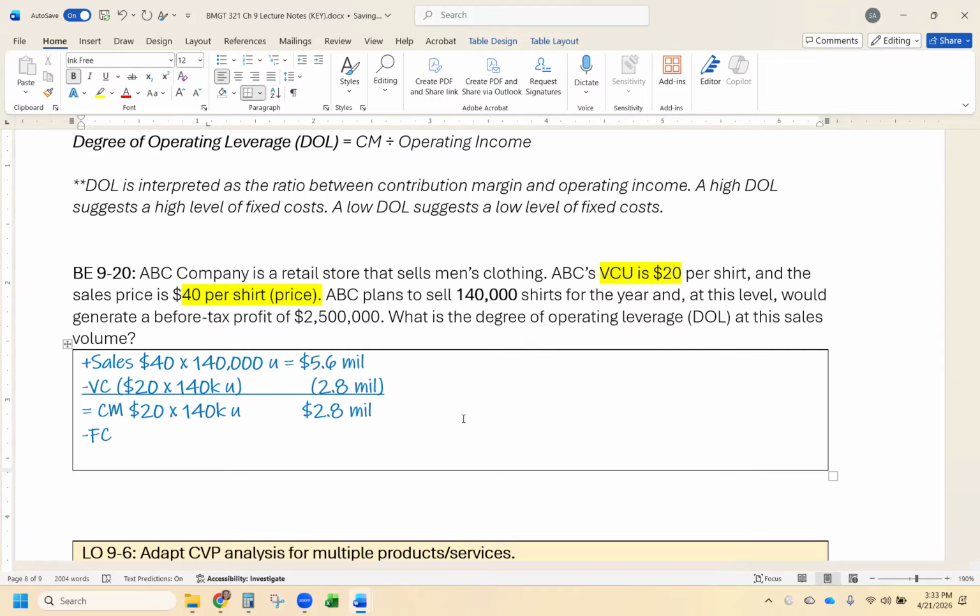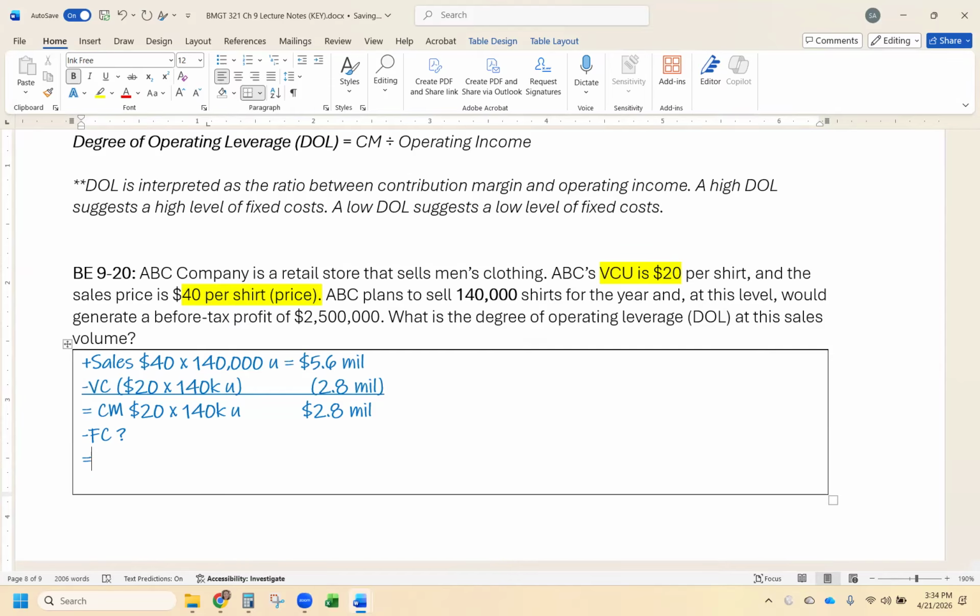In the problem, it doesn't give us that. It says, bless you, we plan to sell, it said 40, I changed it to 140 for the year. At this level would generate a before tax profit of 2.5 million. What's the degree of operating leverage? So we don't know what the fixed costs are, but they did tell us that our before tax profit is going to be 2.5 million.